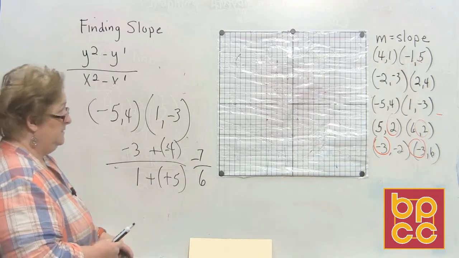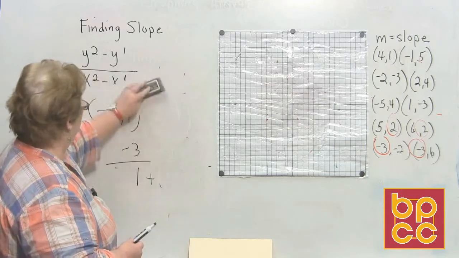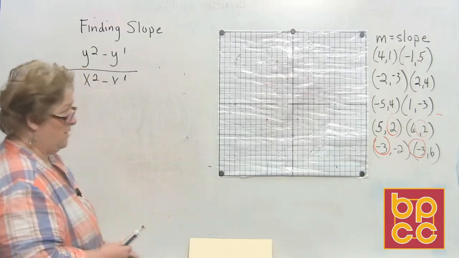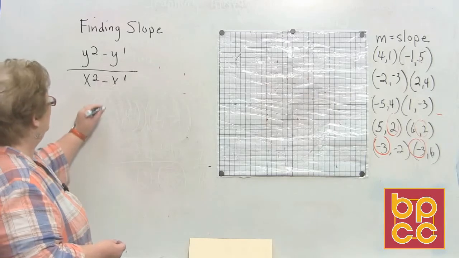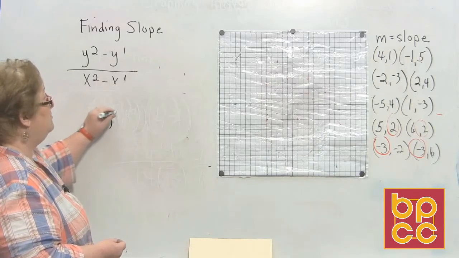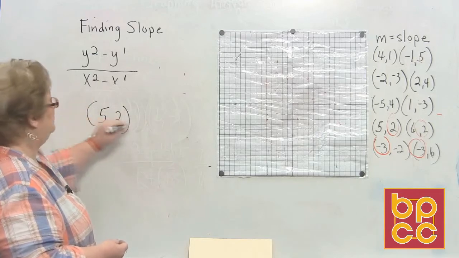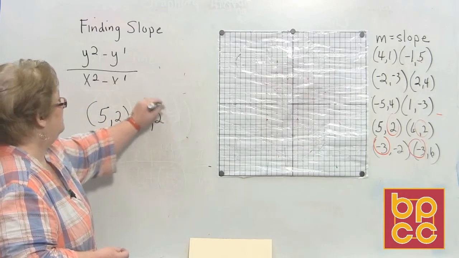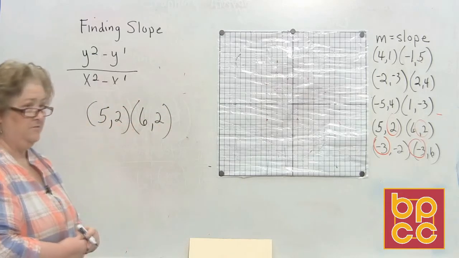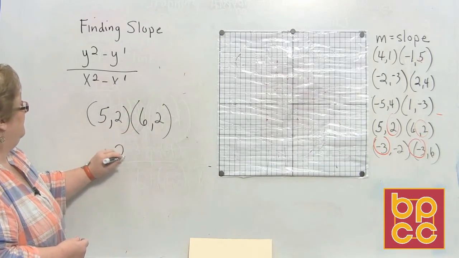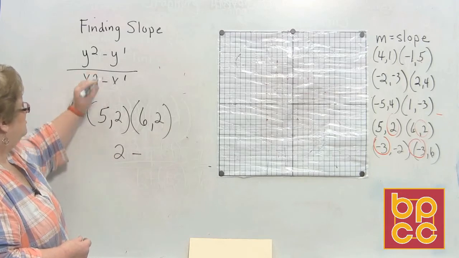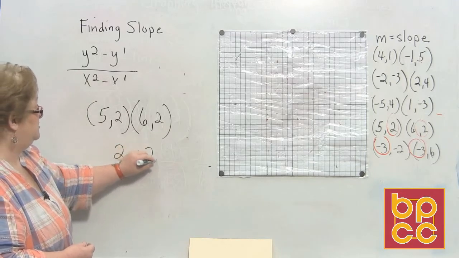All right, let's try those x and y lines and see what it looks like when we work it this way. We have a 5, 2, and we have a 6, 2. Okay, here we go. Let's start with the second y, which is 2. Subtract the first y, which is 2.